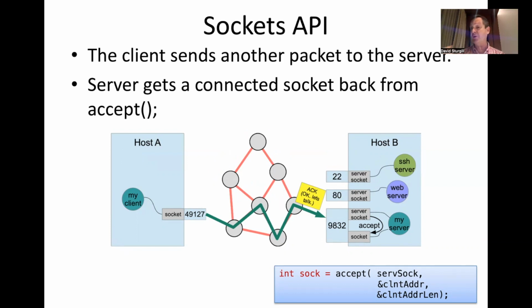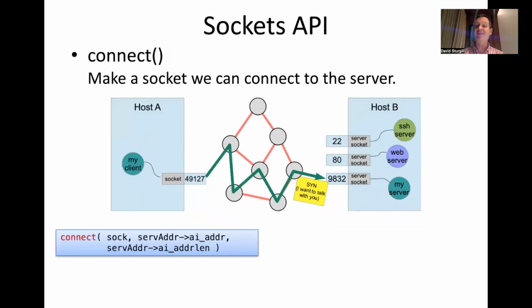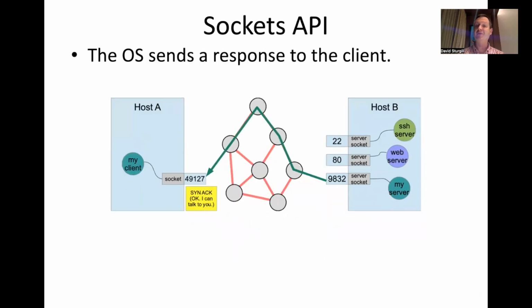We mentioned earlier, when it calls accept, it just waits, it blocks until a client connects. So backing up, client sends packet, server sends a response. You don't have to do any of this as the application, but this is happening inside the OS.